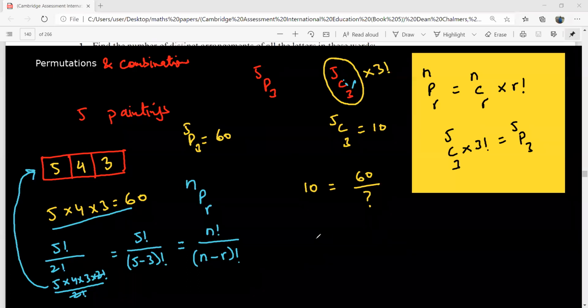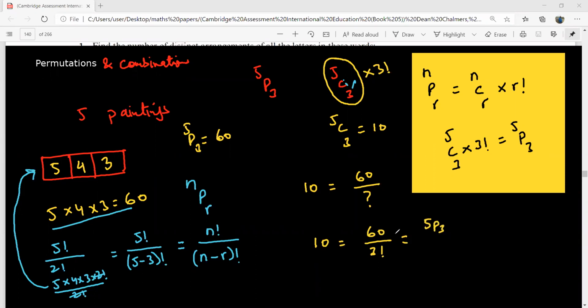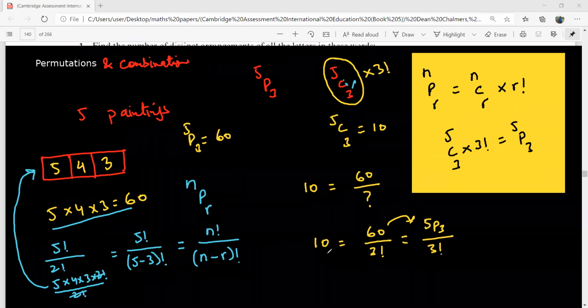That is 6. Now can I say this is going to be 60 over 3 factorial? So that is going to be 10. This 60 was 5P3, and that is your 3 factorial, and you're going to get the answer equal to 10.